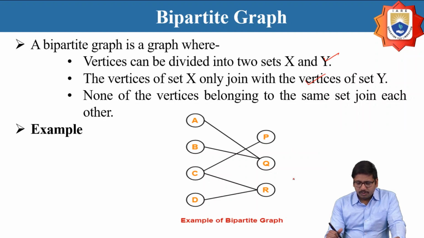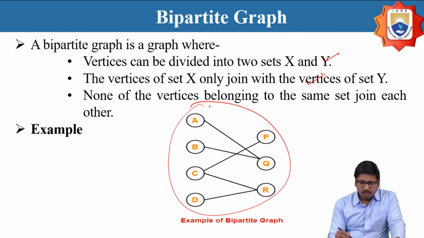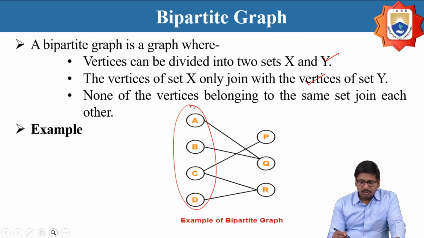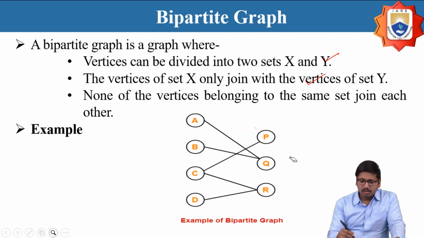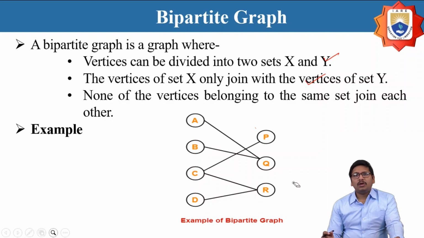As an example, we have a set of vertices; we consider one set of vertices on one side and another set on the other side. Then the mapping is done between these vertices. Among the vertices of the same side there is no edge present. That kind of graph is called a bipartite graph.